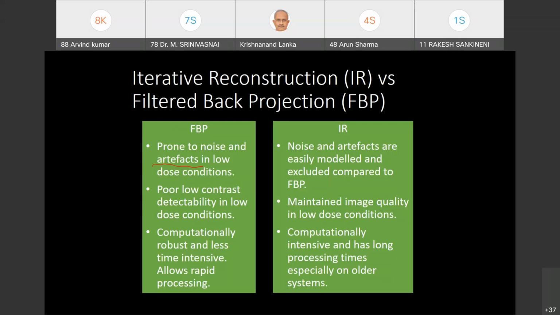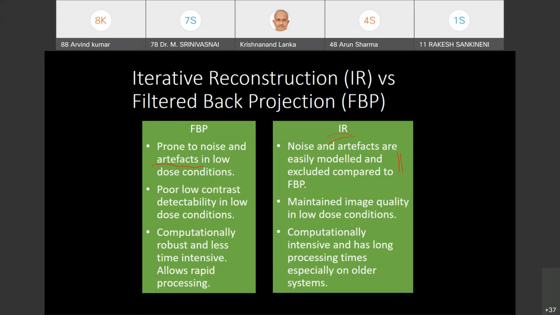Anyway, filtered back projection is computationally robust and less time intensive, allowing rapid processing because there is no human intervention. Whereas in iterative reconstruction, noise and artifacts are easily modeled and excluded. This is what I said: if you have artifacts, you can calibrate because you are doing it in an iterative way.